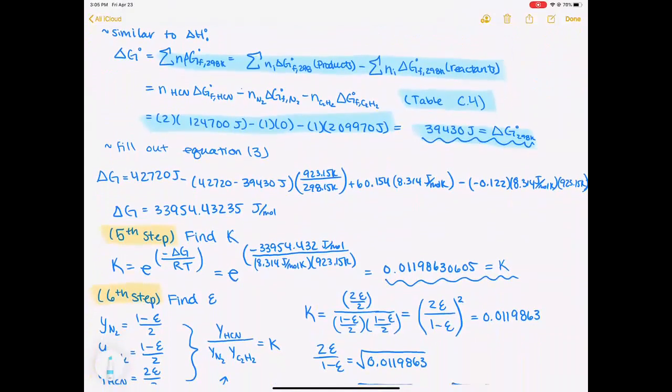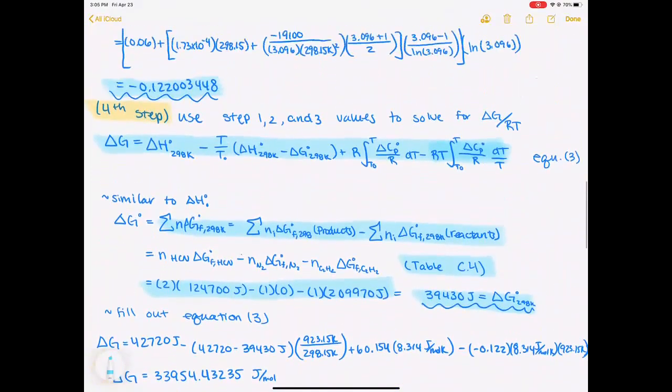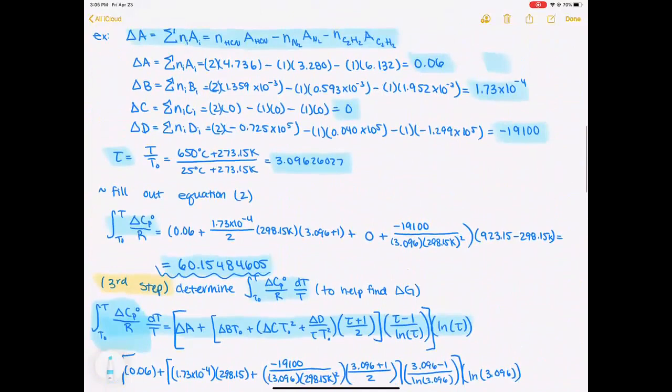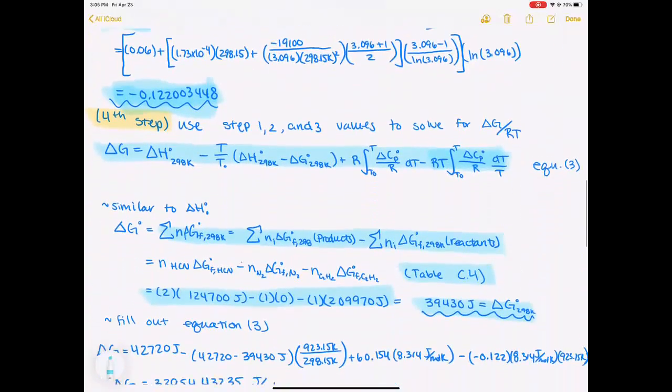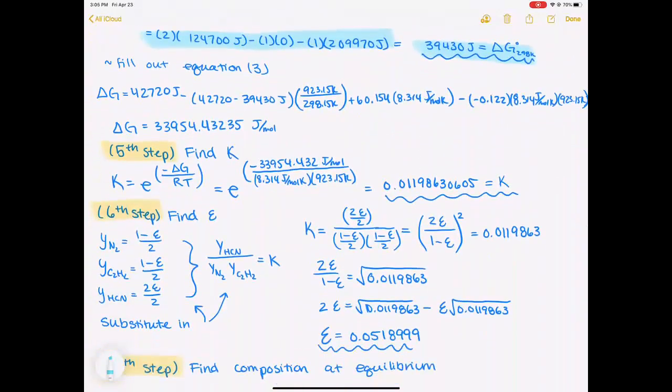So then you use delta G standard, delta H standard. You use your values from steps 2 and 3. So this 60 value and this negative 0.12 value. You plug those into this long equation, and you get that delta G is equal to 33,954.4 joules per mole.